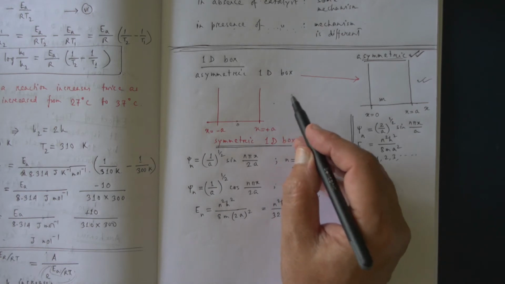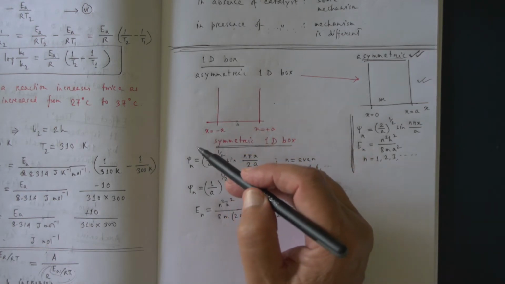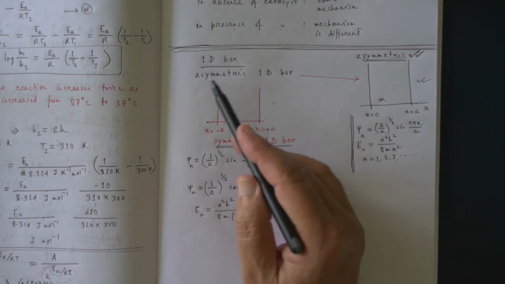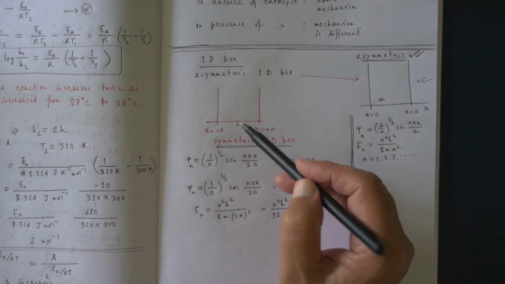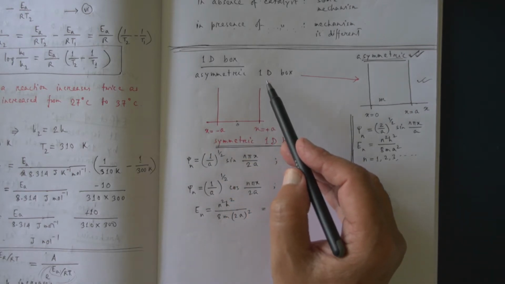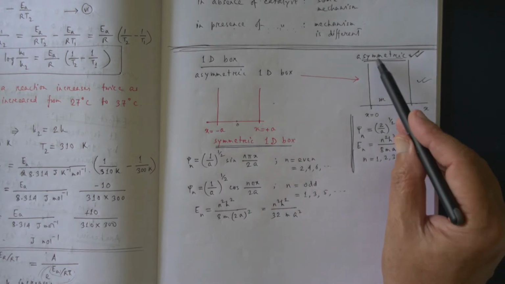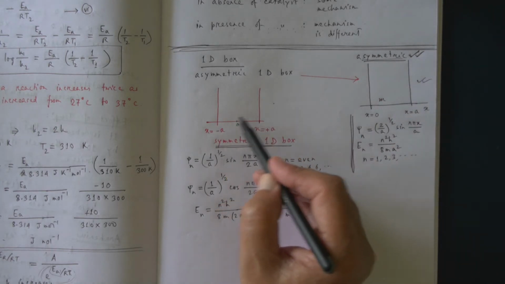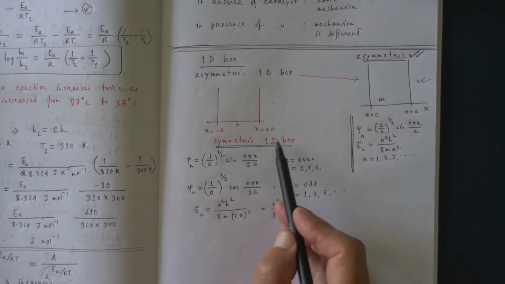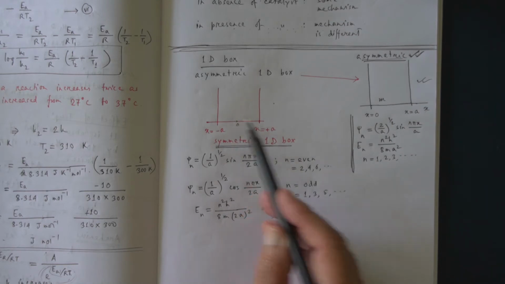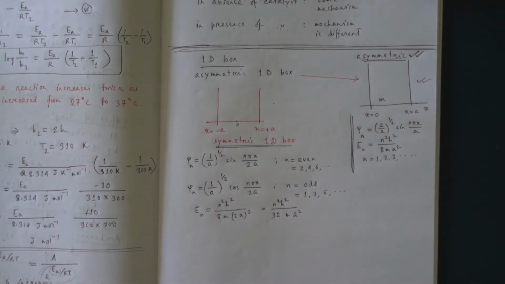So whenever questions are asked in the examination stating particle in a one-dimensional box, you consider this. Do not consider the symmetric 1D box. You consider this only.